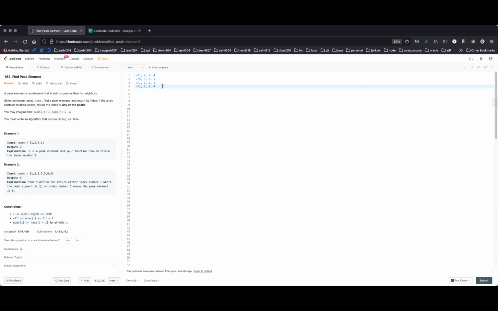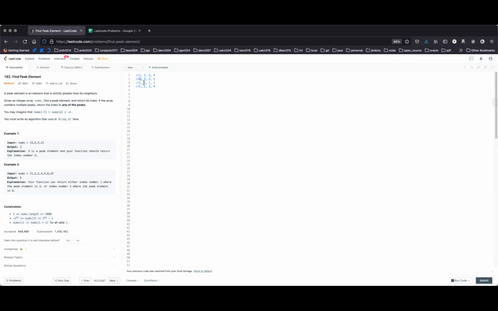Just one question: if the second element, with value 2, is 0, in that case we can consider 1 as a peak as well, right? The first element. Yes, you are right. Let's take one sample, for example this descending one: 4, 3, 2, 1.